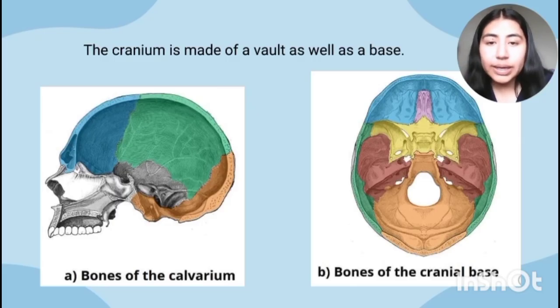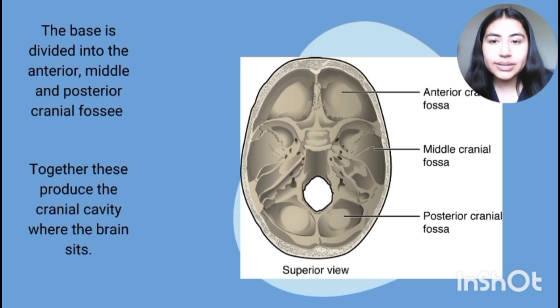The cranium is made of a vault as well as a base. The base is divided into anterior, middle, and posterior cranial fossae. Together, these produce the cranial cavity where the brain sits.